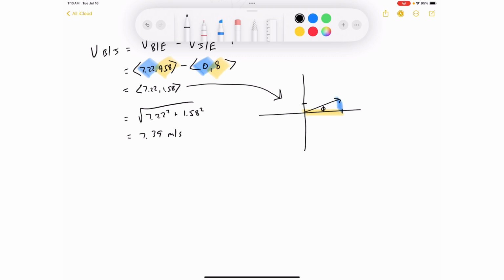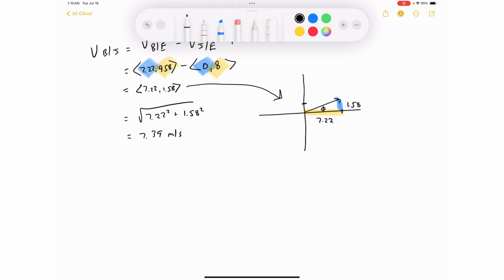So how long is this horizontally? Well, we know that is 7.22 meters per second, and we know the vertical component is 1.58. Great. And so what I want to know is phi. What trigonometric function should I use for phi if I know the opposite and the adjacent?